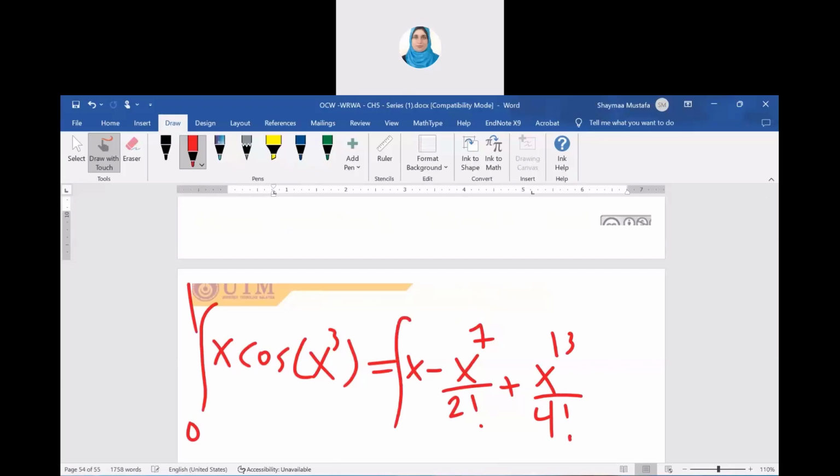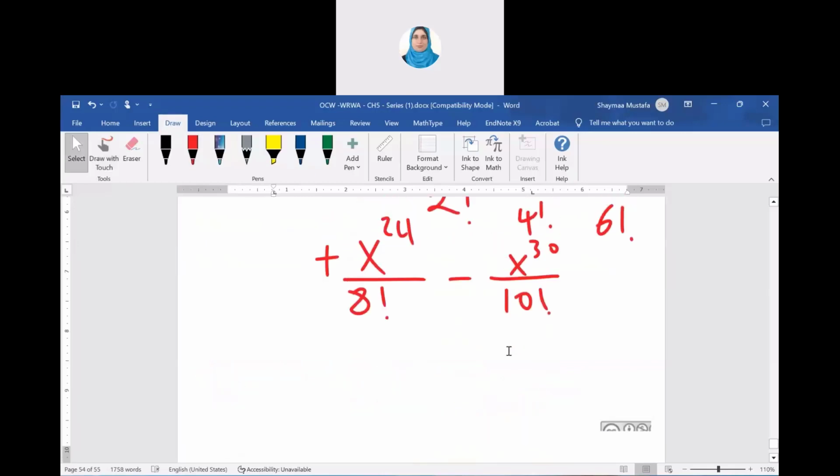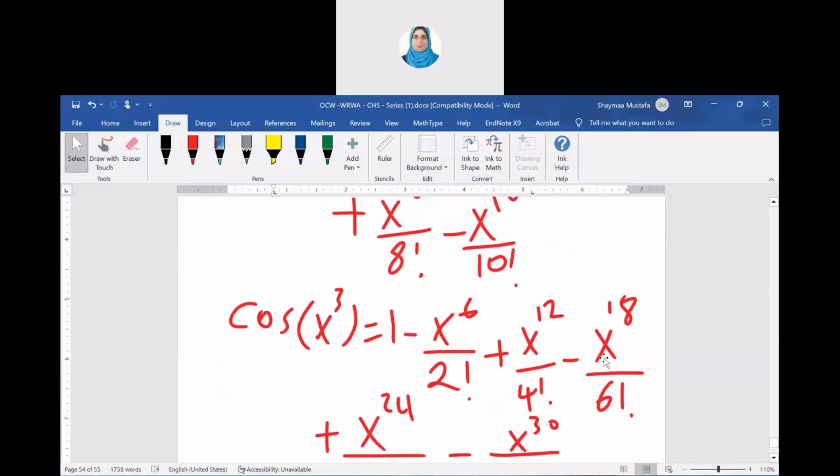We need to integrate from 0 to 1. x to the power 13 over 4 factorial.